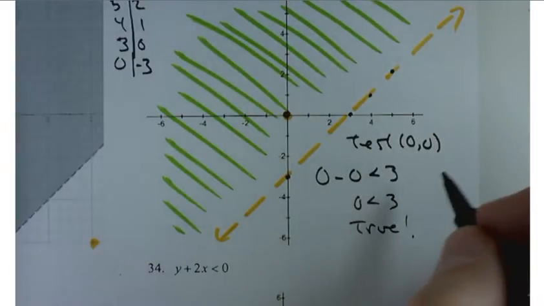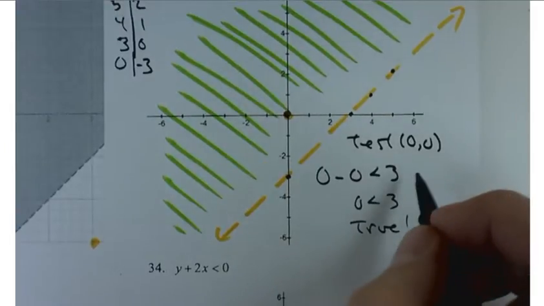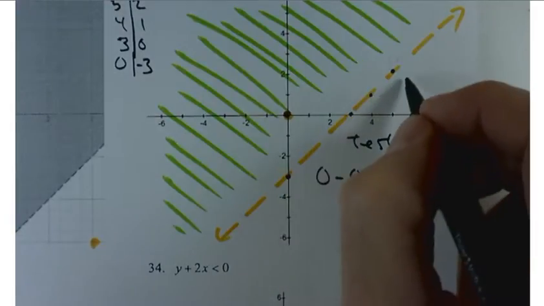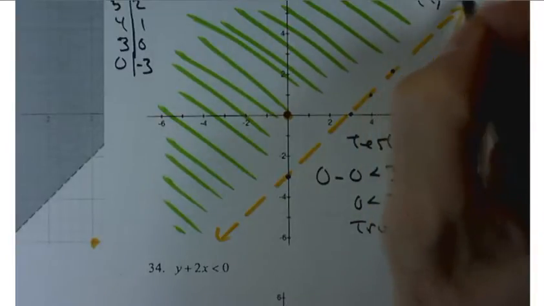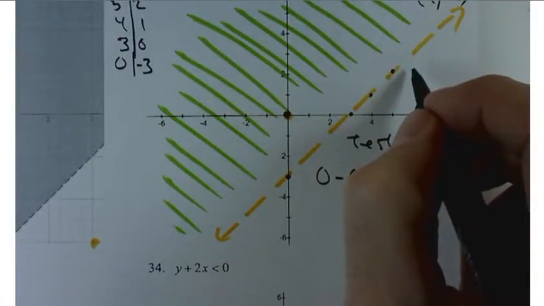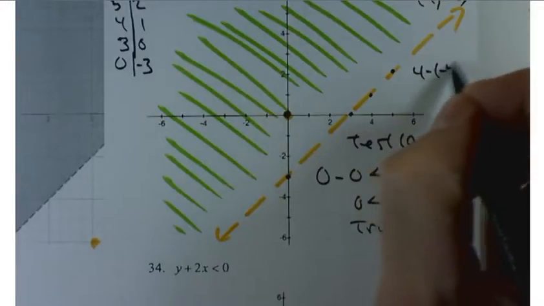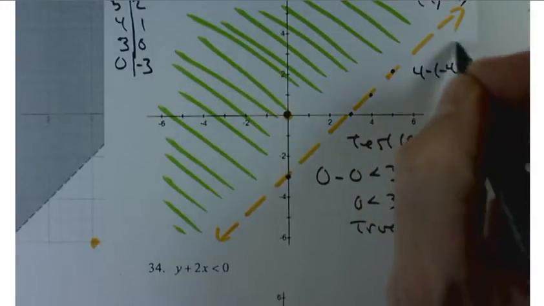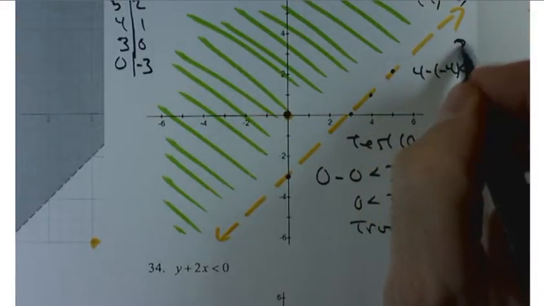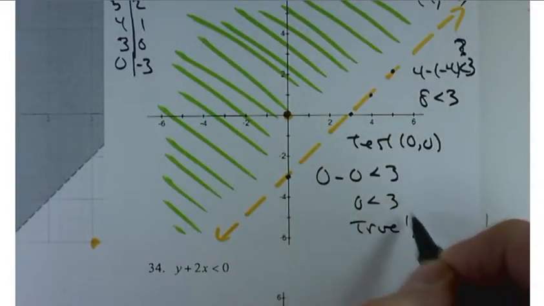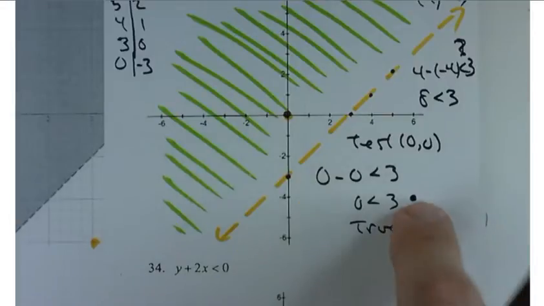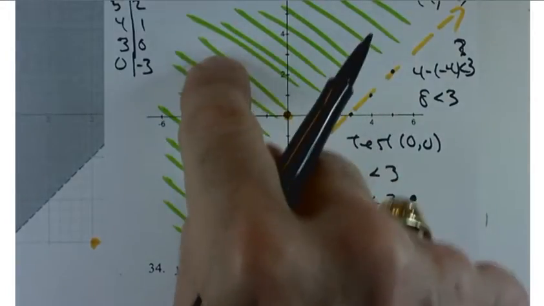All right, so let's test 4 and negative 4. So it'd be 4 minus negative 4. Is that less than 3? Well, is 8 less than 3? No. So what that's telling us is that this point doesn't satisfy the inequality. So you want to shade the other side of the line.